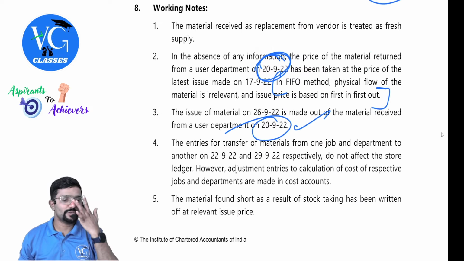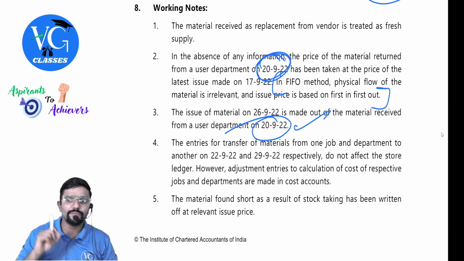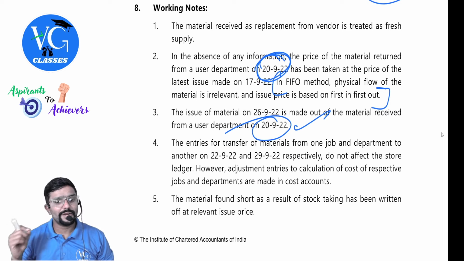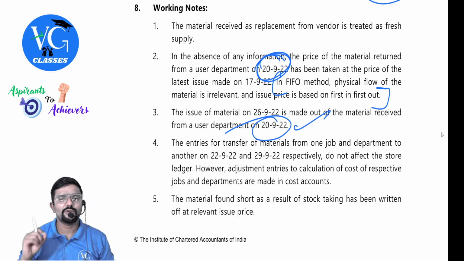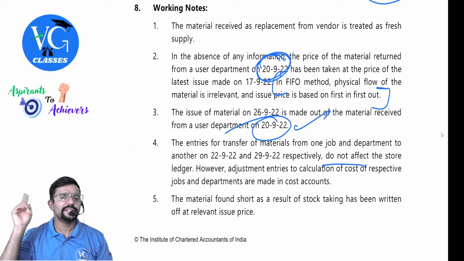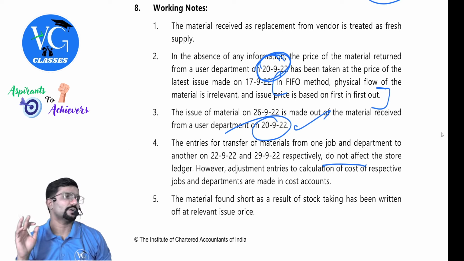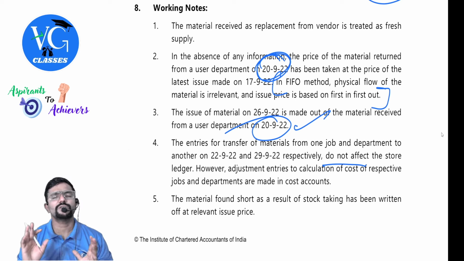Fourth one. The entries for transfer of materials from one job to another or department to another on 22nd and 29th September respectively do not affect the stores ledger. However, adjustment entries to calculation of cost of respective jobs and departments are made in cost accounts. Will we show it in the stores ledger?